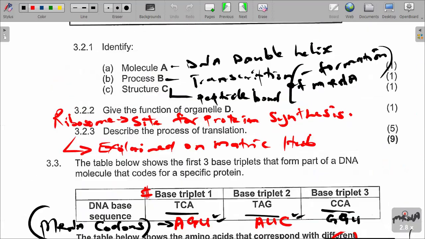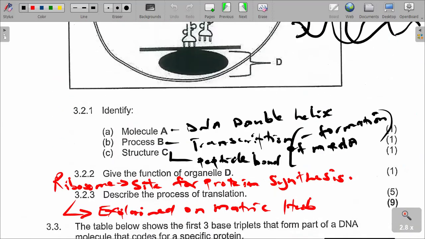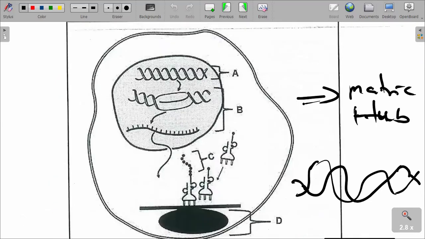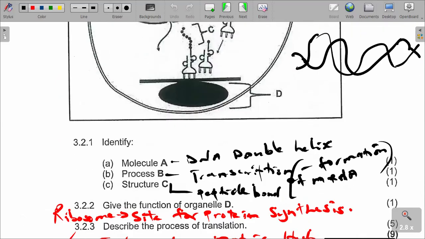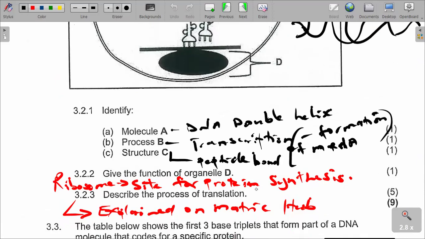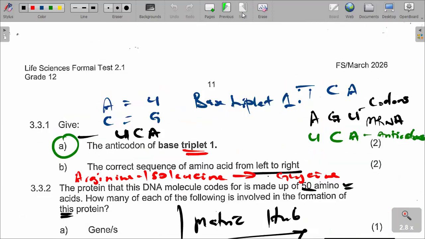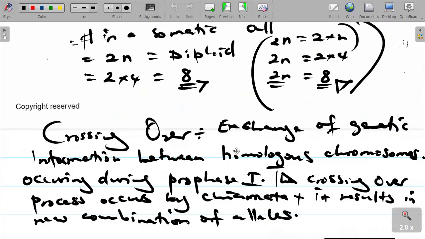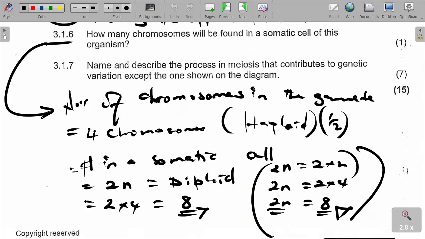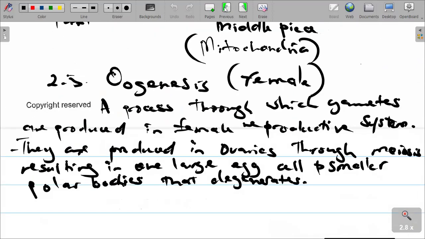I'm sure you can see all this paper. It is just a duplicate of quite a lot of work that we have worked and the explanation we have given on how to work out these questions. They are basically repetitively coming.